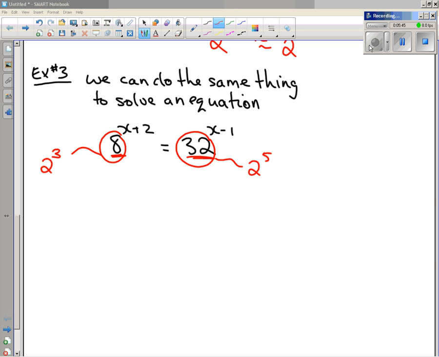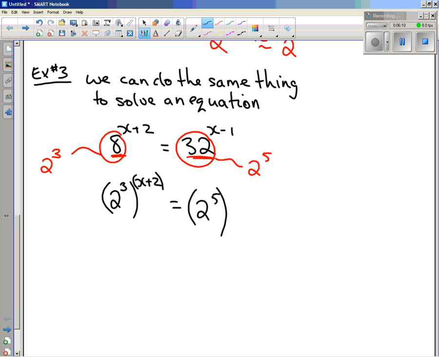Okay. So if we notice that 8 is 2 to the power 3 and 32 is 2 to the power 5, we can rewrite this equation so that everything has base 2. So our left side is going to look like 2 cubed to the power x plus 2. Our right side is going to look like 2 to the power 5 to a bracket x minus 1.